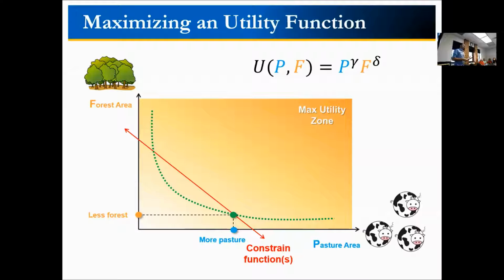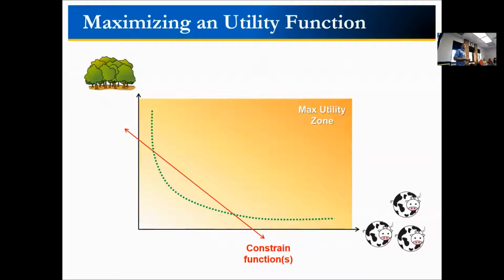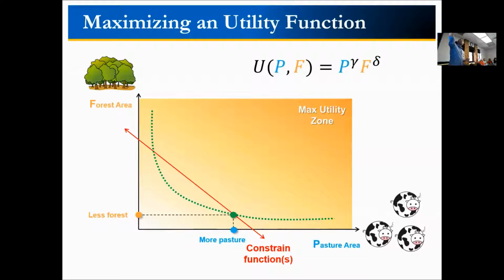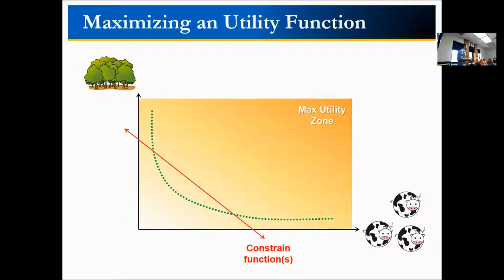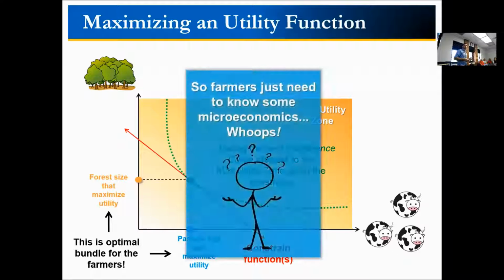That means that the households give more importance to pasture than to forests. But it all comes down to the parameters that you have here. And the tricky part is to estimate those parameters. Okay, so that's pretty simple, right? You can apply that anywhere.